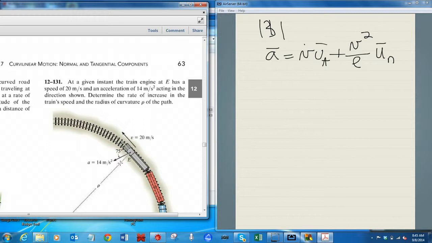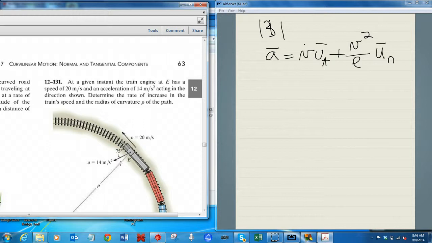So how do I get this? 14 times what? Cosine of, well, where's that angle measured from? No, 75 is from here. It's the sine of 75. Got it?